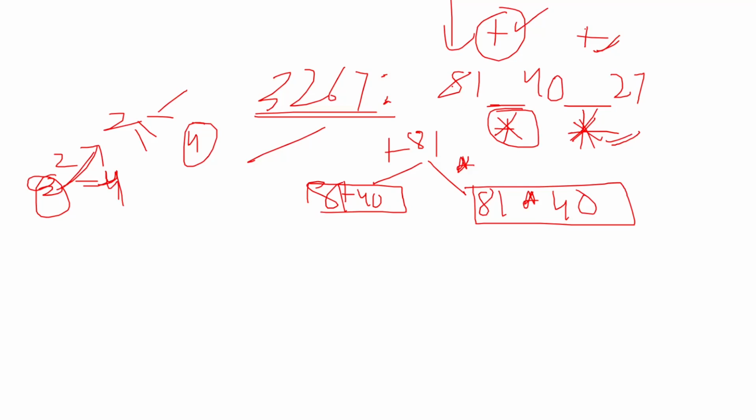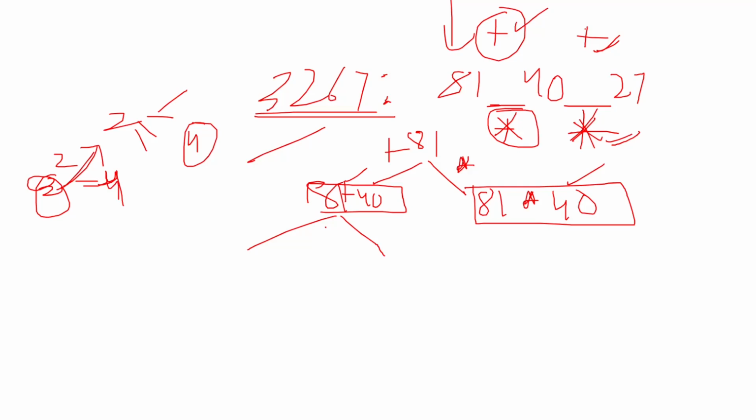Now after doing that, on top of this result, you can perform two different operations, that is either add or multiply. So you would be doing 81 plus 40 plus 27, and 81 plus 40 into 27.